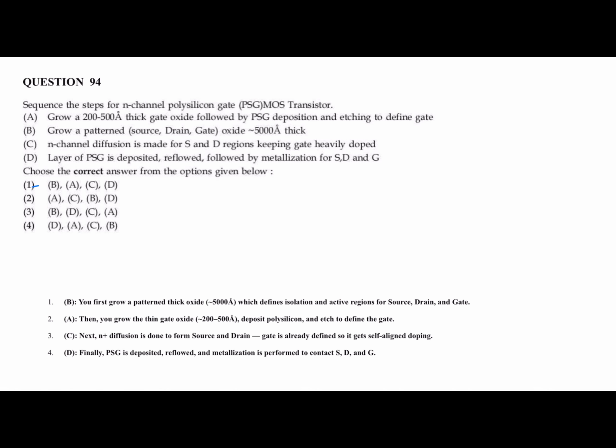Next question. The sequence of steps for an n channel polysilicon gate is, so first step is grow patterned source, drain and gate oxide 500 Angstrom thick, that is initial oxide patterning. This is the first step.